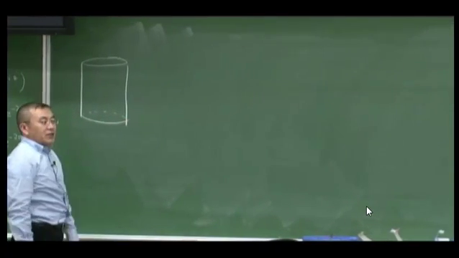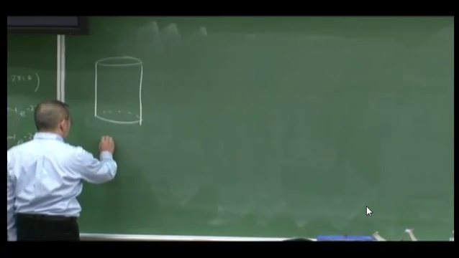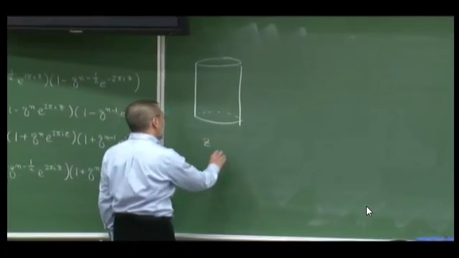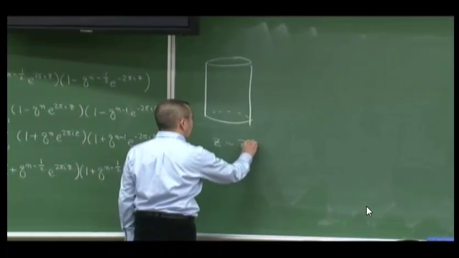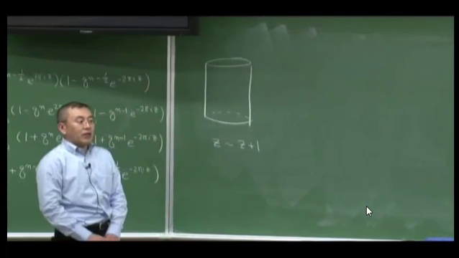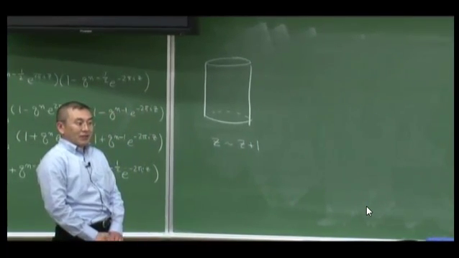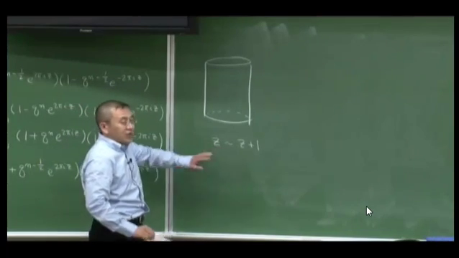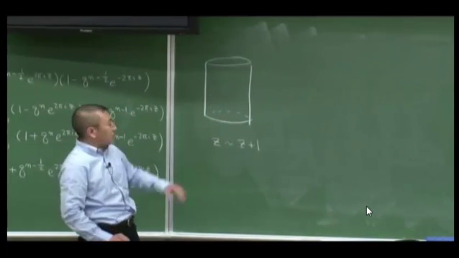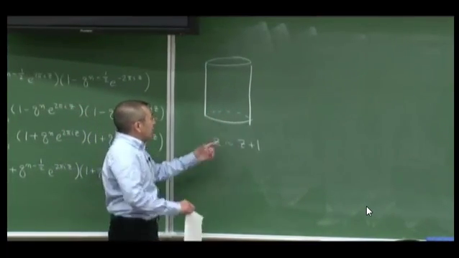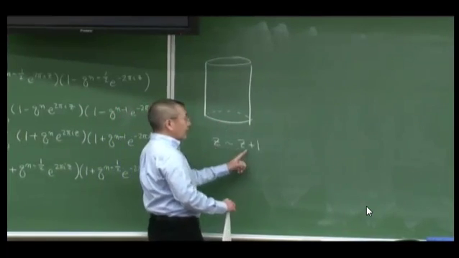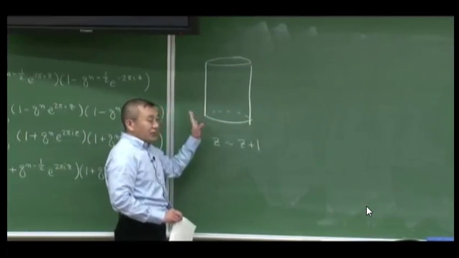Well, you can obtain a cylinder from the 2-dimensional plane by just saying that suppose you start with this complex coordinate z, and then you periodically identify z by translation by 1. Namely, you consider the 2-dimensional complex plane, and then you just periodically identify z and z plus 1. That gives you a cylinder.